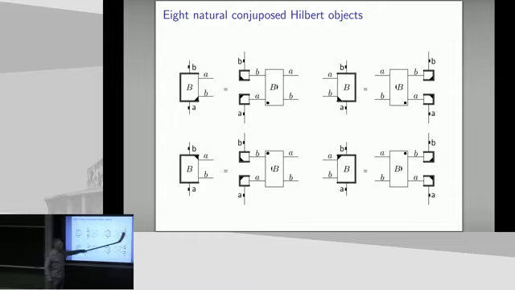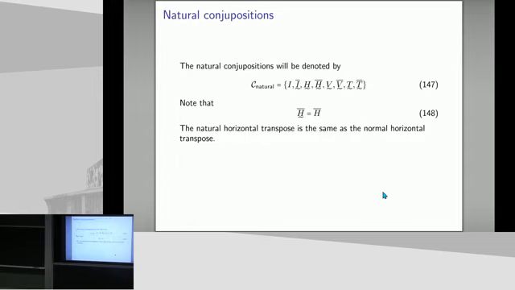Then over here you have the complex conjugate of those same factors, and the horizontal adjoint takes the complex conjugate. And so the natural horizontal adjoint is the same as the normal horizontal adjoint. That is not true for the other non-trivial conjugate positions. It is true, of course, for the identity. Okay.